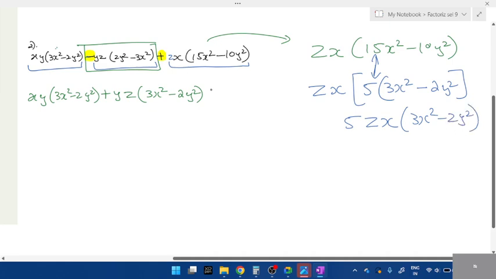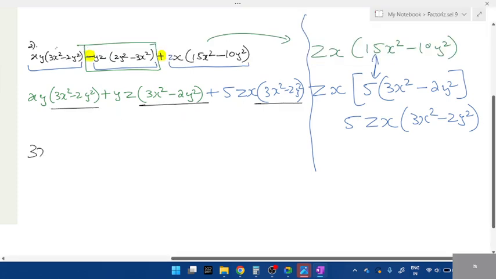Let me write it here. 5zx into 3x square minus 2y square. Now observe the bracket for all three. For all three the brackets are the same. Okay. Now you can take it out, 3x square minus 2y square. If this comes outside, what is the remainder, students?